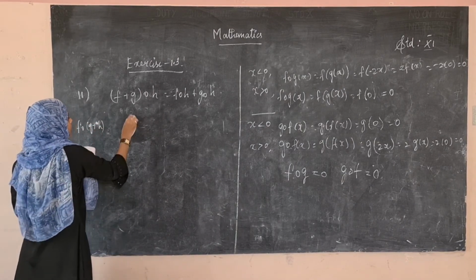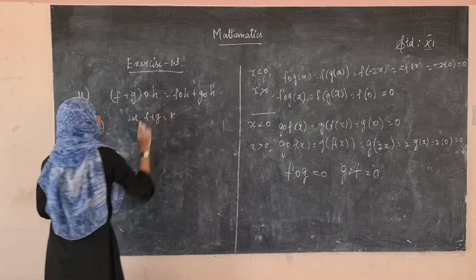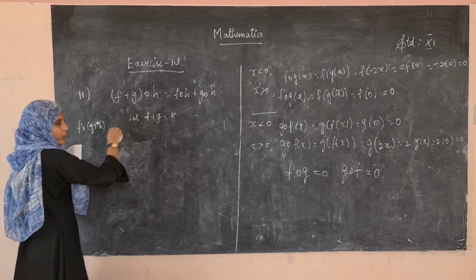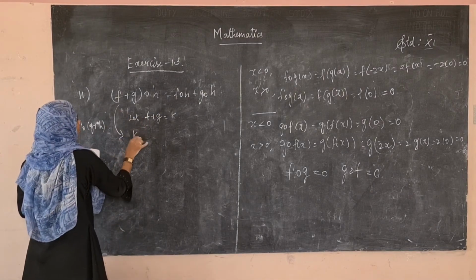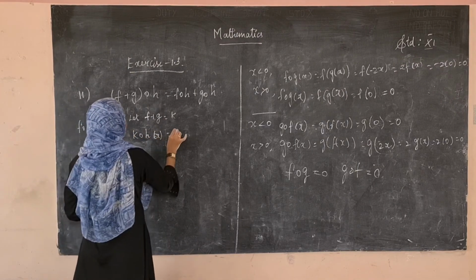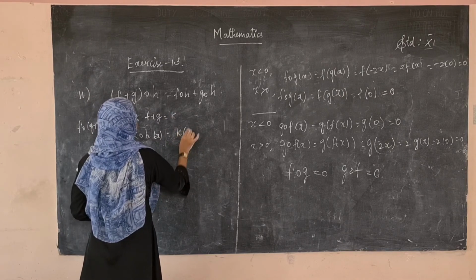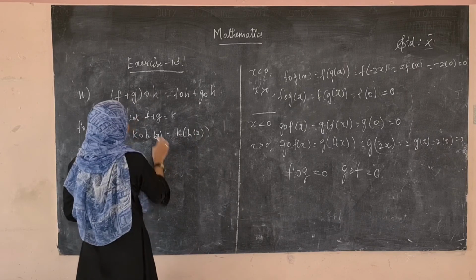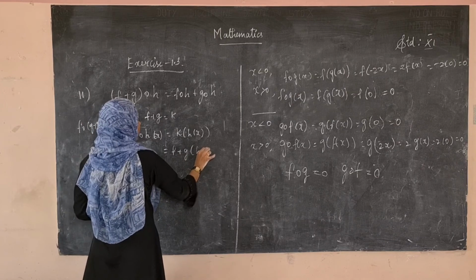Now let us take f plus g as another function k. See, this addition of two functions is also a function, right? So k composite h of x is equal to k of h of x. This k can be written as what we took, f plus g of h of x.